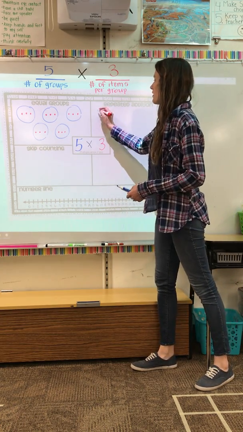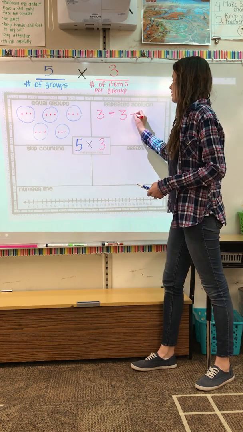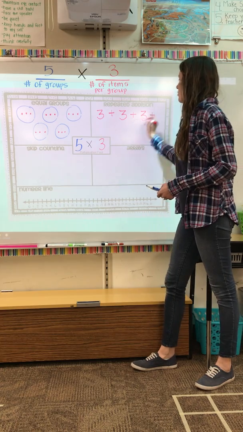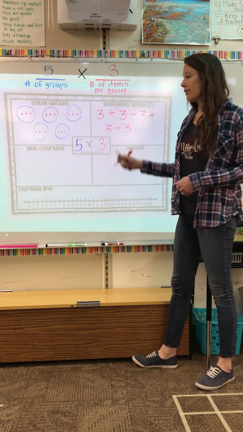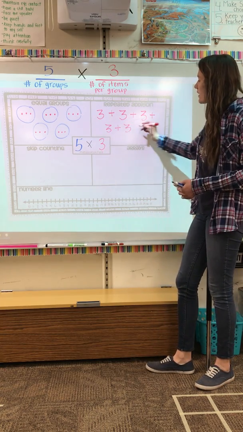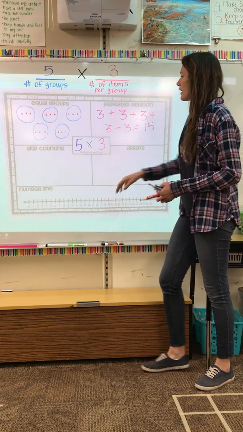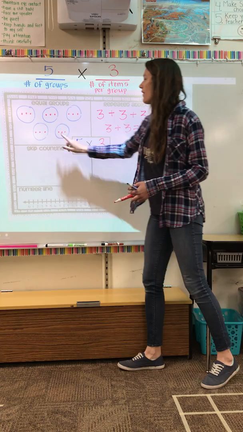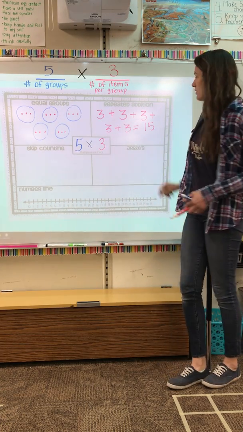So I'm going to show that here. 3 plus 3 plus 3 plus 3 plus 3. I can skip count by 3 if I need help adding that, or I can do tallies on the side, but that equals 15. Again, you'll see my 1, 2, 3, 4, 5 groups. 1, 2, 3, 4, 5 3s.